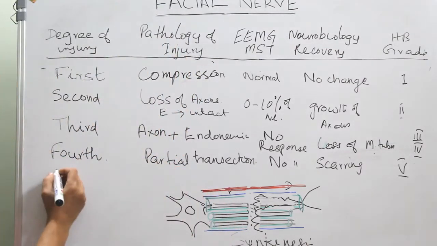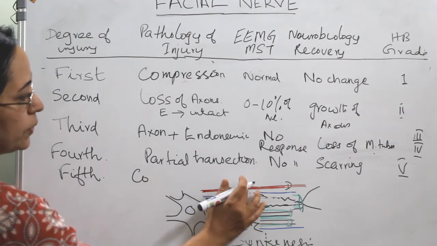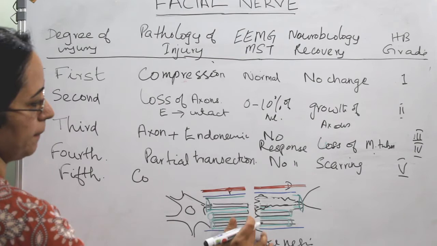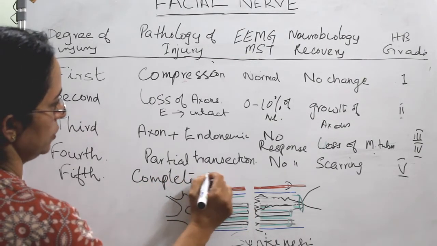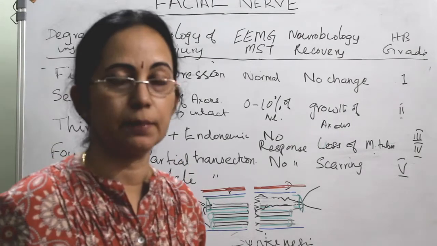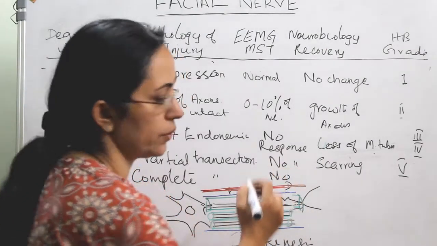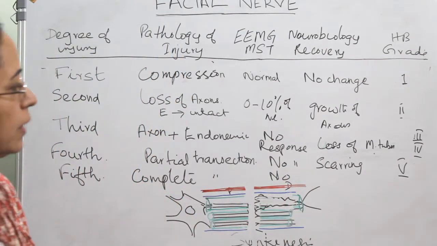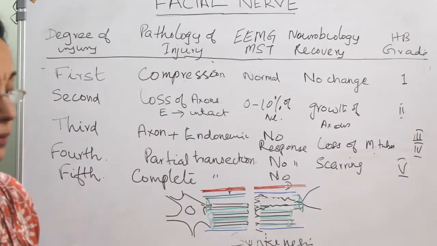And what happens with the 5th degree? The epineurium is also lost. So there will be a complete transection. The nerve is completely cut. So there will be no response to electrophysiological testing, and there won't be any regeneration at all.